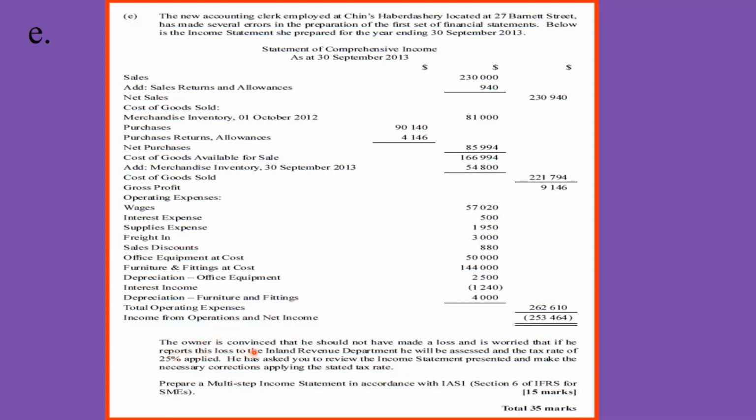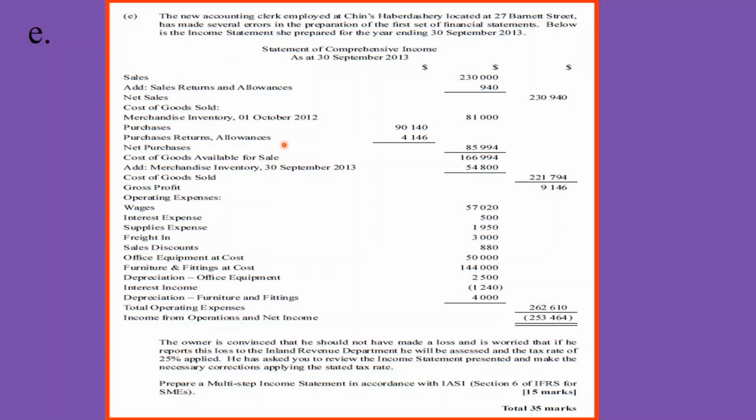The owner is convinced that he should not have made a loss and is worried that if he reports the loss to the revenue department, he will be assessed and the tax rate of 25% applied. He has asked you to review the income statement presented and make the necessary corrections applying the stated tax rate. Our stated tax rate here is 25%.